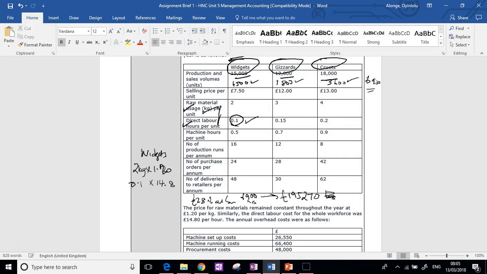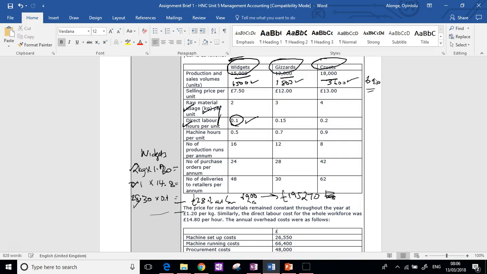And now I have this overhead. I know it's £28.30 an hour, and I just use a tenth, 0.1. So just multiply this, get this, and add them together. And that becomes your full cost: material, labor, and overheads, all included.